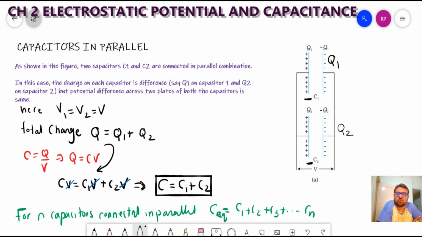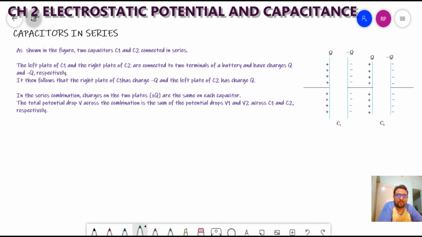Now let's move to the next topic, that is capacitors in series. Now see, here you can see two capacitors C1 and C2. Both are connected in series, right? So the left plate of C1, this one, and the right plate of C2, this one, both are connected by a battery.